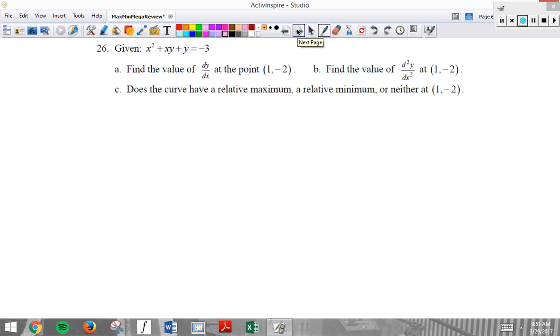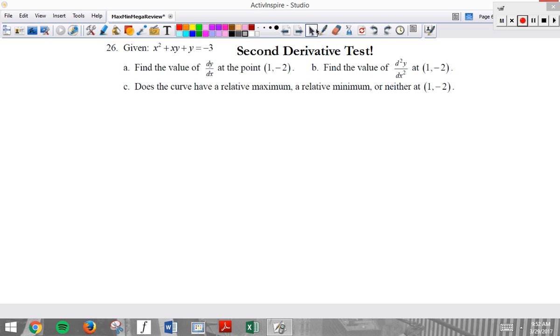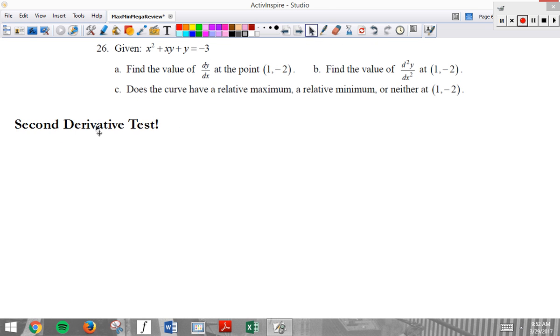Okay. This is the second derivative test. Let's type it out. A few steps.